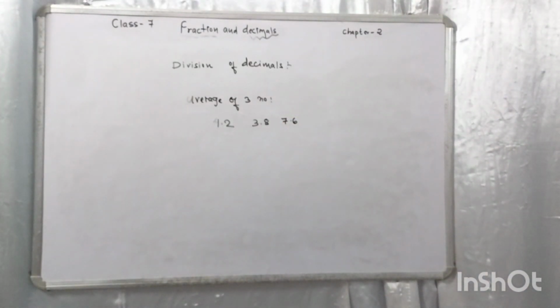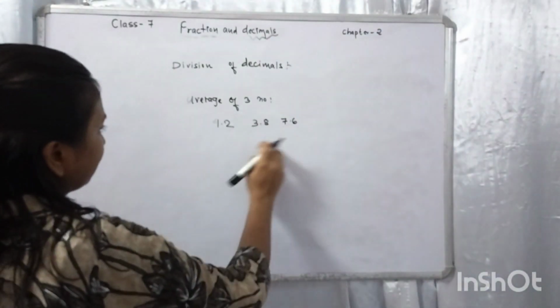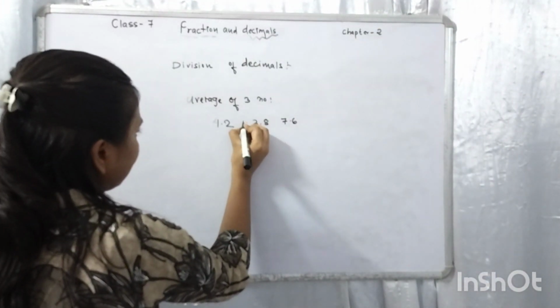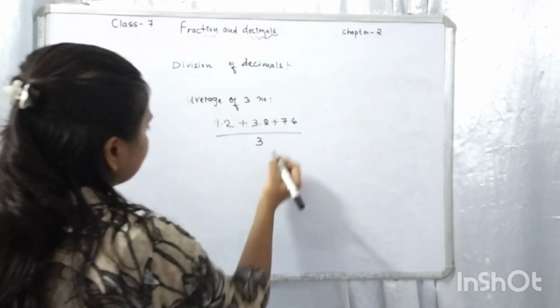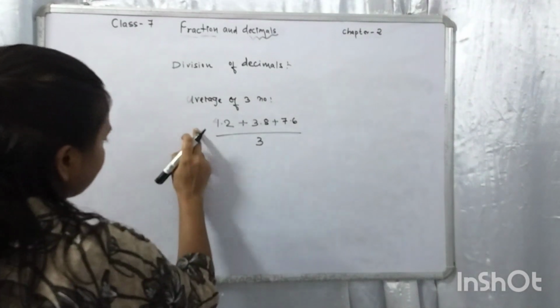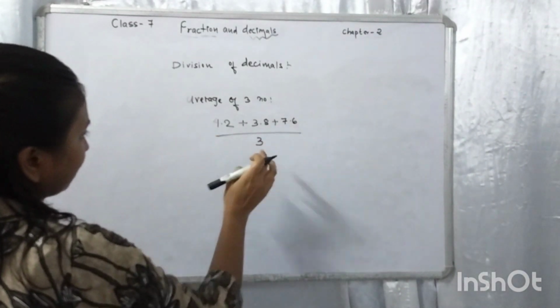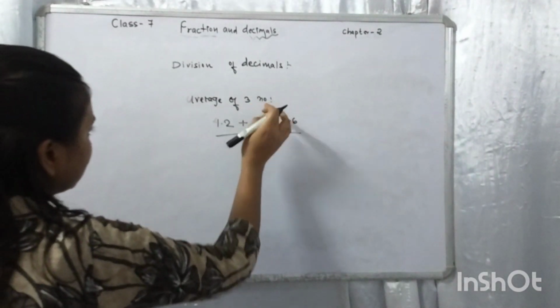Now we know that if you have to take out the average, what you will do, you will add all these 3 numbers and divide it by the total number. It means you will add these numbers and you will divide by 3. This is our formula for average. Fine. Sum of all numbers divided by total number of numbers.